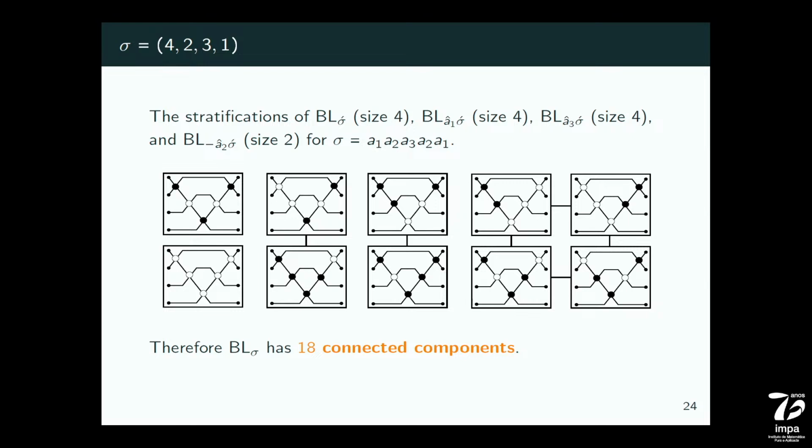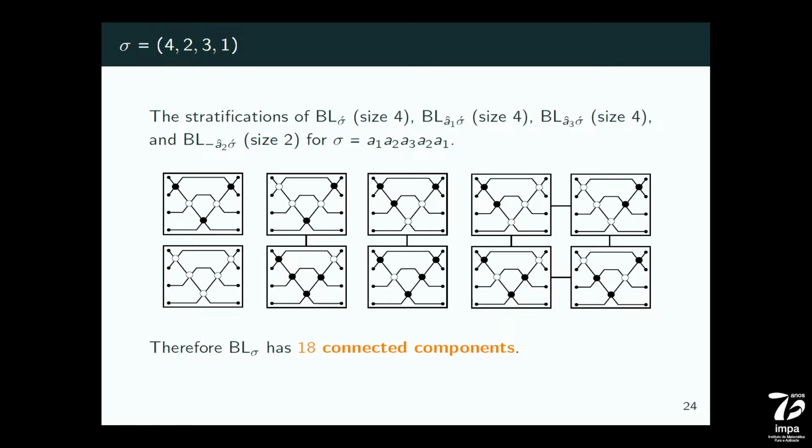And so we can see that this is contractible for here and then for here. And this is a square, a cell of dimension 2 that glues like that. And here we have size 2. In this case, we have 2 plus 4 plus 4 plus 8, I think so. I counted correctly, so yeah. And then we have 18 connected components. Okay? Good?